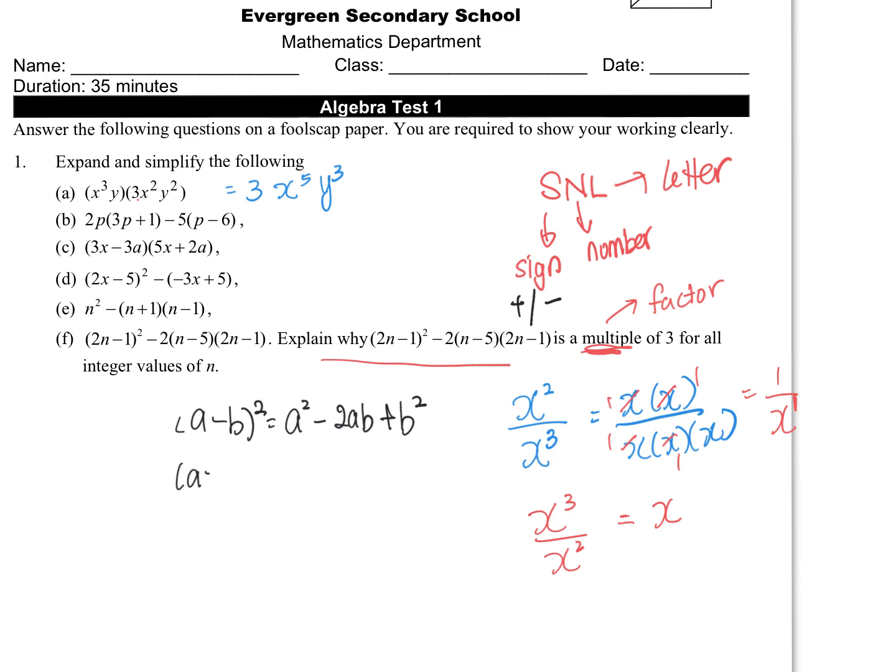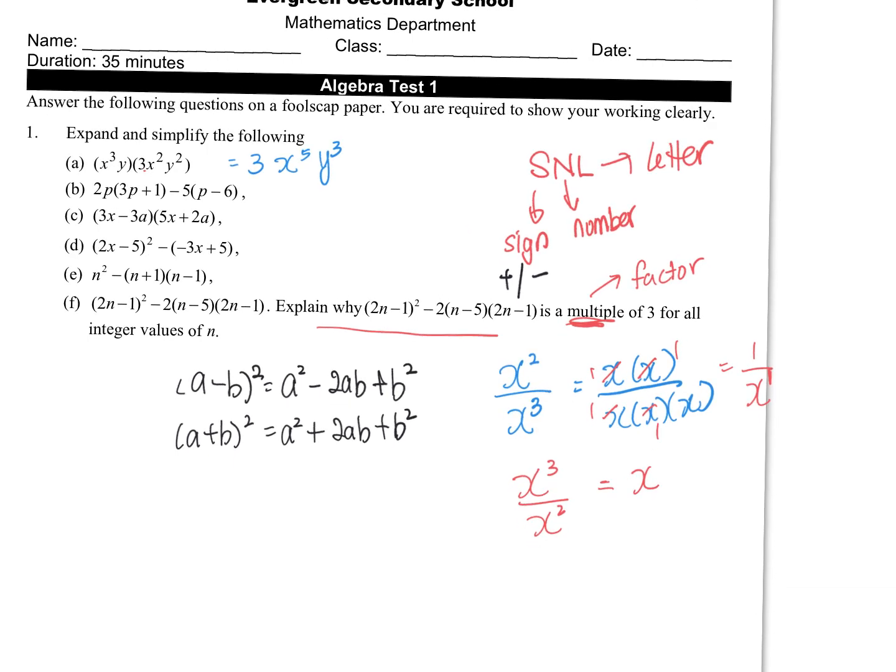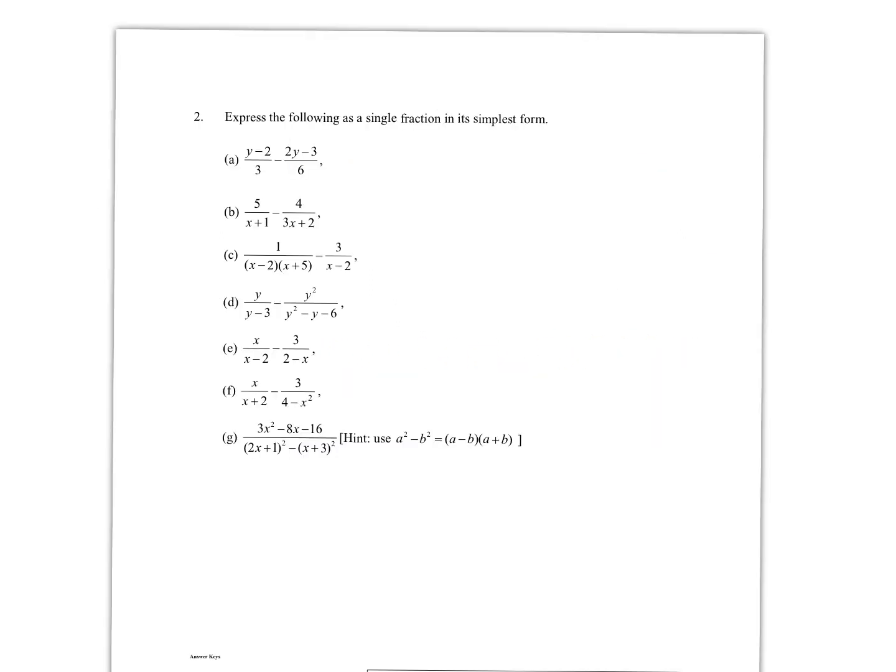And if it's a plus b squared, it will be a squared plus 2ab plus b squared. So when you are expanding this, you make sure you are able to factorize this, which explains how you get a multiple of 3.